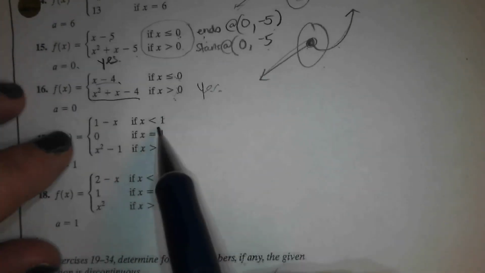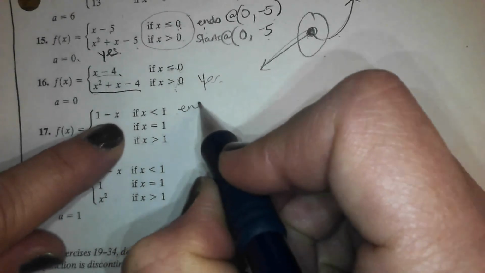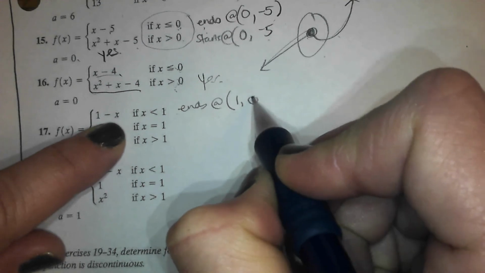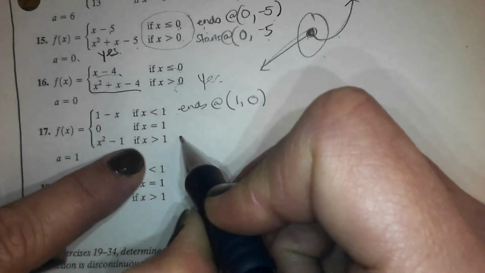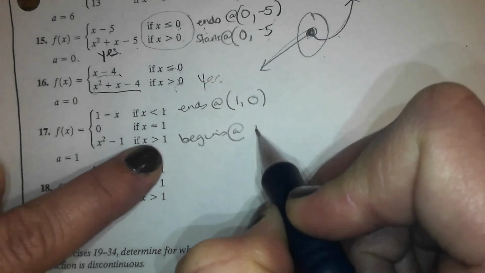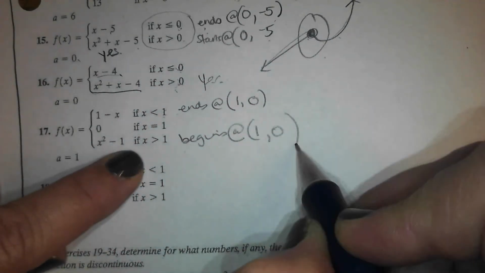This one ends at 1 what? 0. This one begins at 1, comma 0. But those are both open circles.